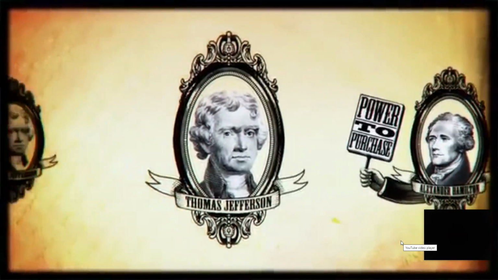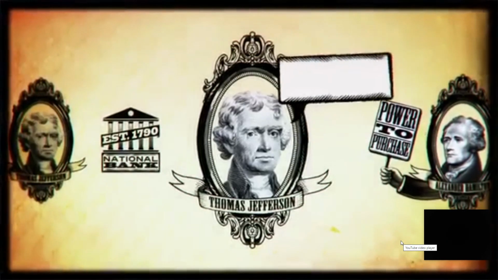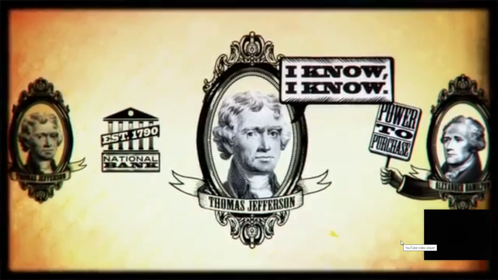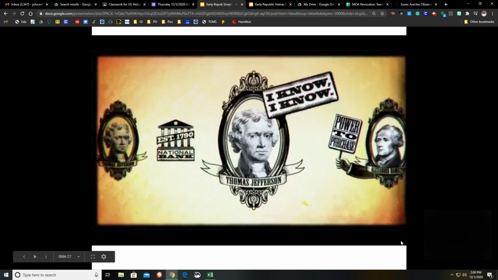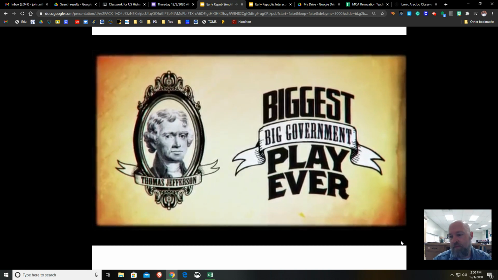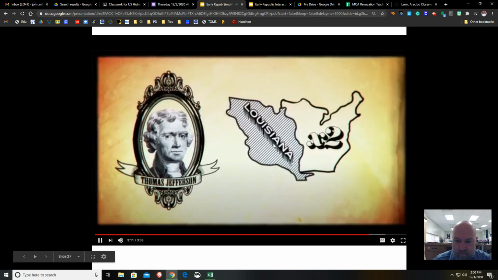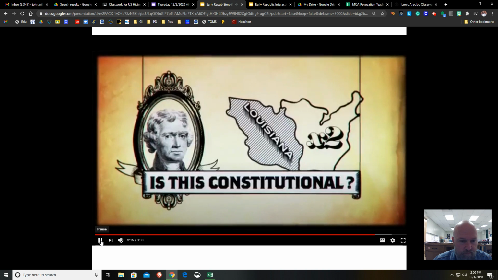This was the exact argument that he had mocked openly a decade before, so it must have crushed his pride to have to use it. But more importantly, he may have committed the biggest big government play ever. How ironic is it that one of the biggest opponents of big government doubled the size of the young country and did so while openly questioning its constitutionality?